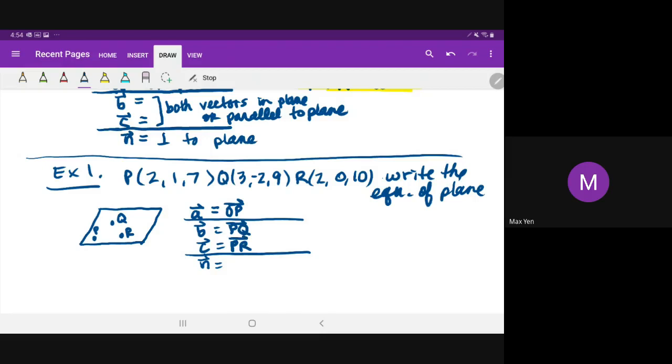Those don't have to be the ones you pick. Those are just the standard ones, so that if you want to check your answer against somebody else's later on, that's the standard way. But you could do QR, you could do RP, any of the orders. I usually do PQ first, just because they're next to each other, and then I do PR. But you could also do QR if you wanted.